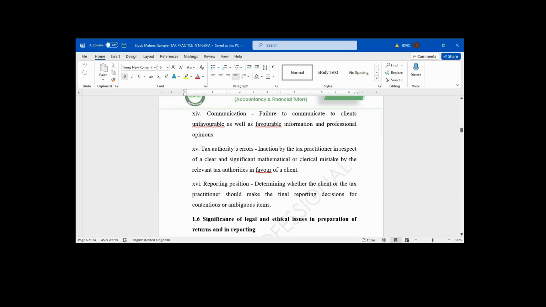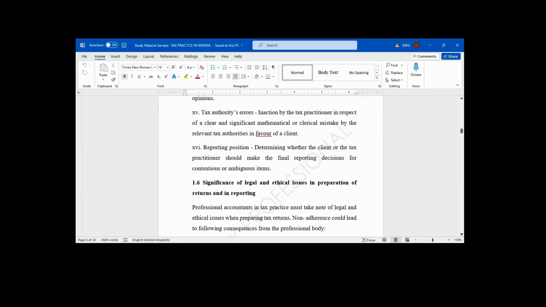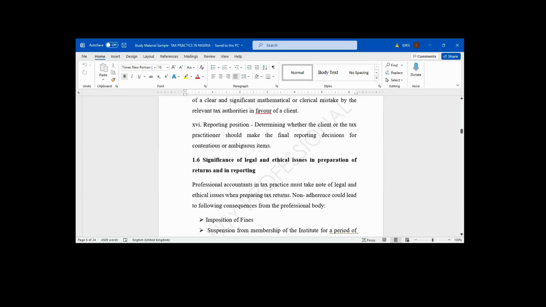So these are the possible legal or ethical issues arising from tax work. Now, let's look at the significance of those ethical or legal issues arising from tax work. What are the likely penalties that may be sanctioned on you if you go against ethical issues while doing your tax work?